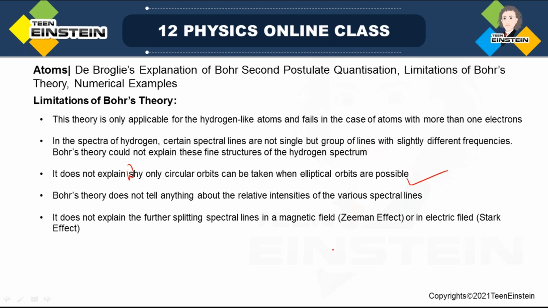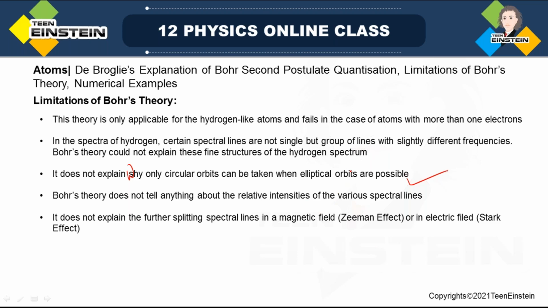In the planetary system, Kepler's law says all the planets revolve around the sun in elliptic orbits. So elliptic orbits for electrons revolving around the nucleus are also possible.